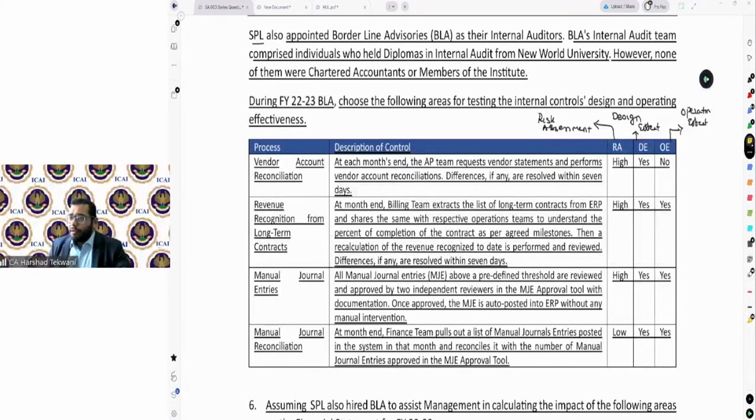Which are those three things? Very important, because if you want to rely upon the work performed by internal auditor, you need to refer to those three things. That is must.